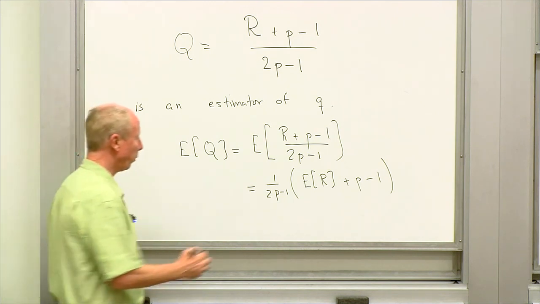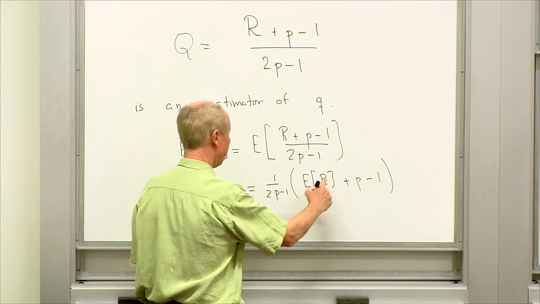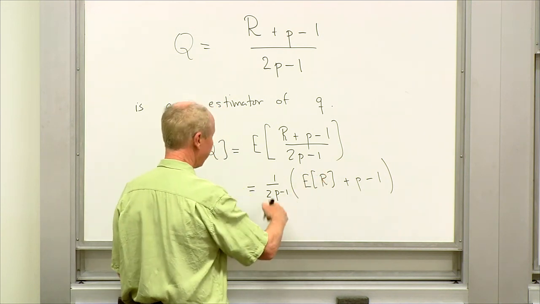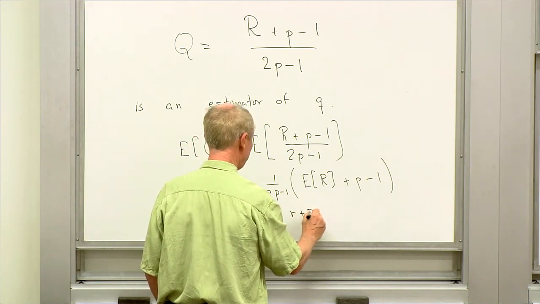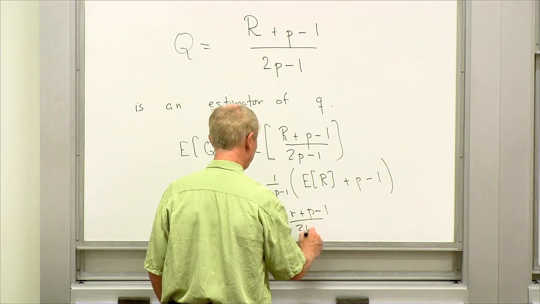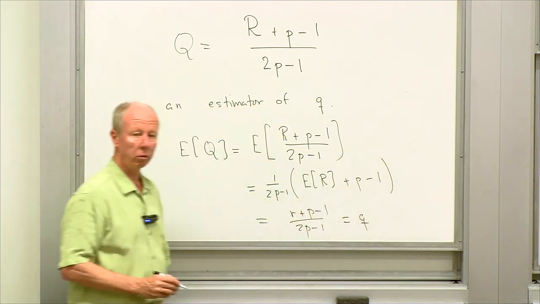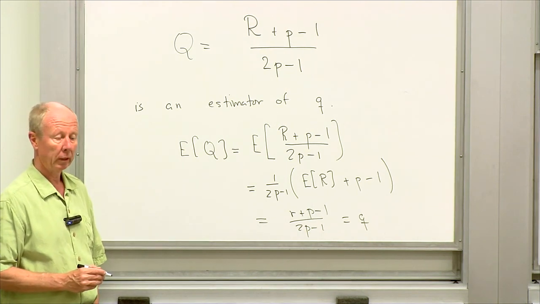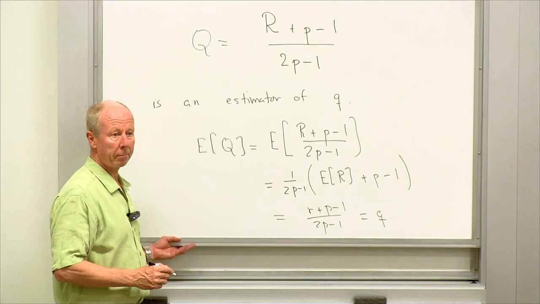Okay. And what's the expected value of capital R? Little r. So I put little r here, and then I rewrite it the way I had it before. It becomes little r plus p minus 1 over 2p minus 1. And what's that? That's little q. So it's an unbiased estimator of little q.